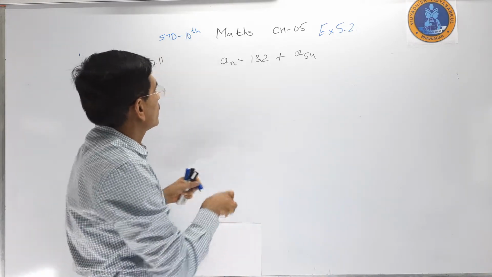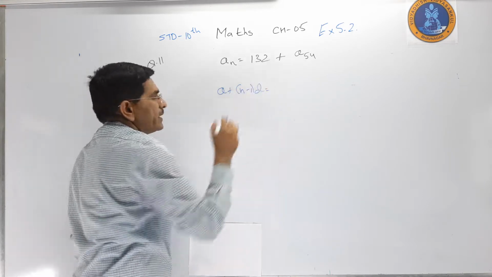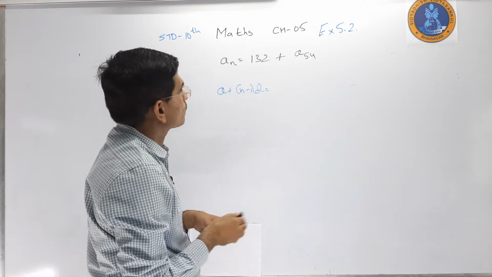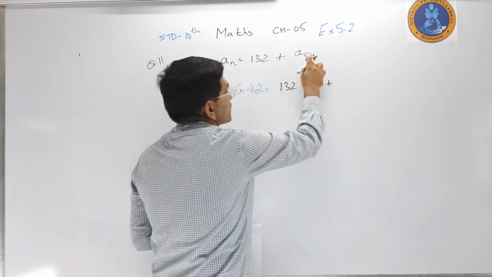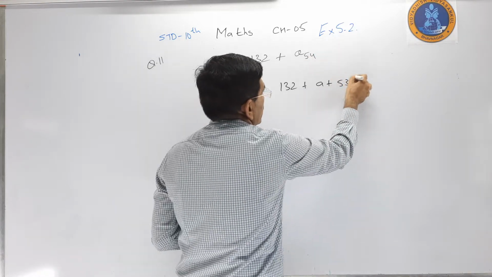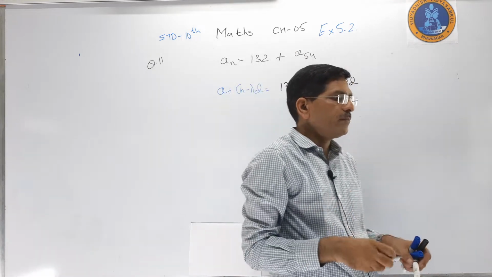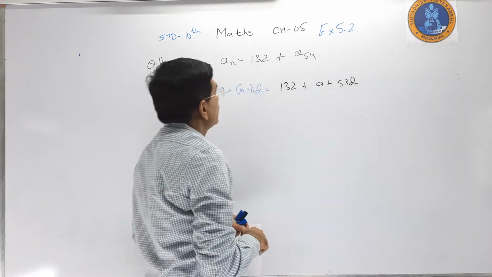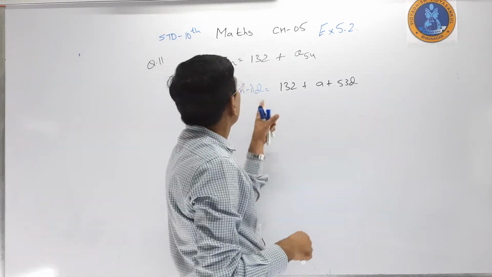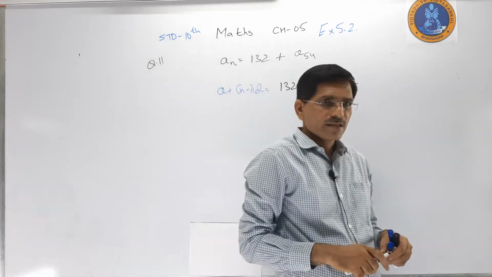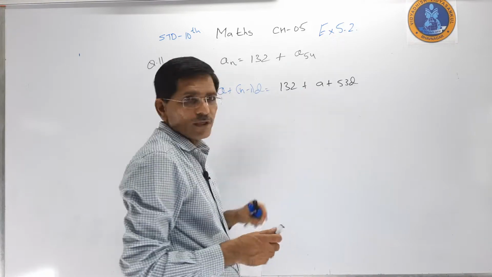So now again, An is equal to A plus n minus 1 D, and here it is 132 plus A plus 53D. Now if I put the values of A and D, I will get the value of n.